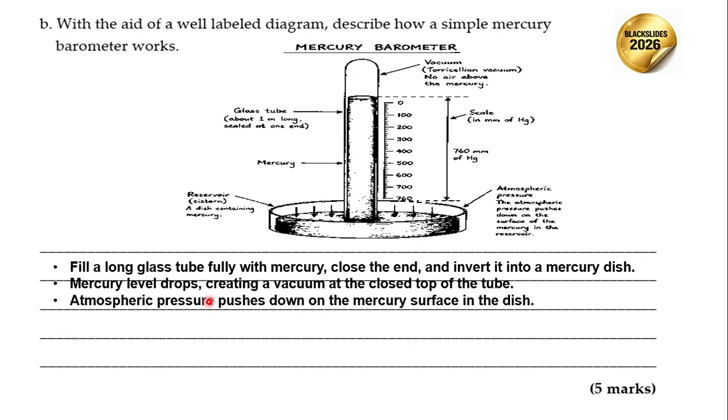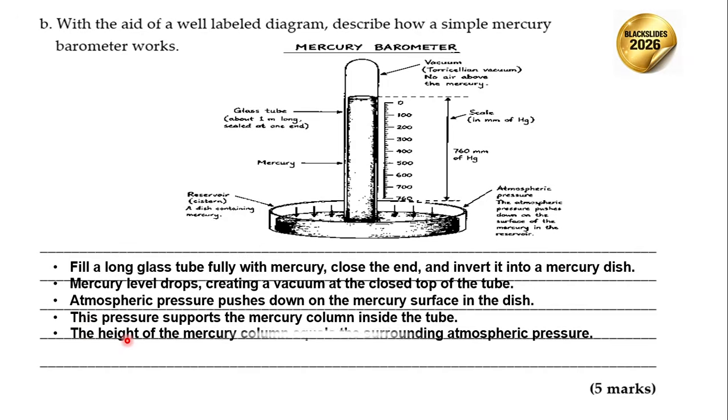So atmospheric pressure pushes down on the mercury surface in the dish. So atmospheric pressure is going to push the mercury down. It's open to the atmosphere, so the weight of the air is going to push on this. Alright, so this pressure supports the mercury column inside the tube.